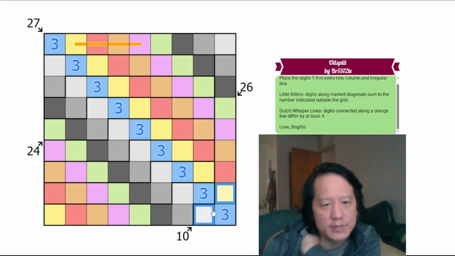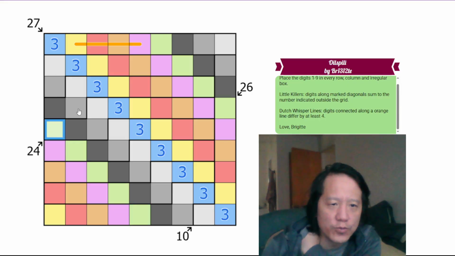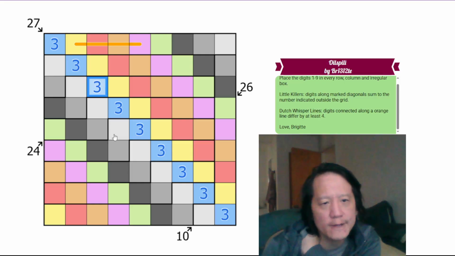Light and yellow add up to 10. Green, medium, red, and pink add up to 24 with 3. So green, medium, red, and pink add up to 21.